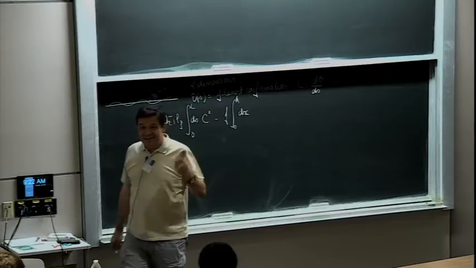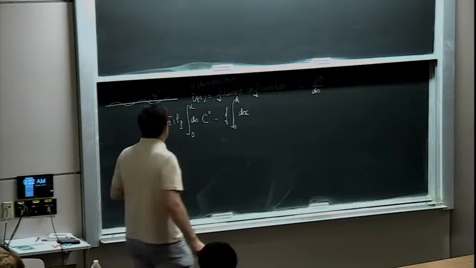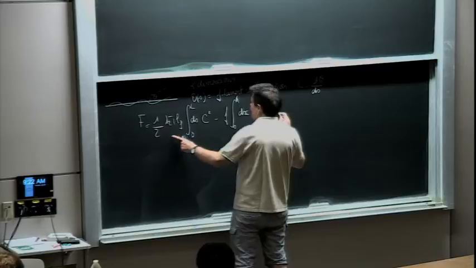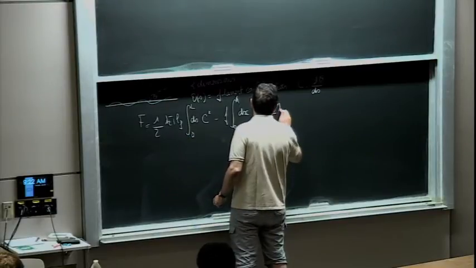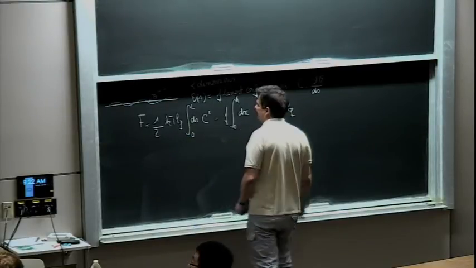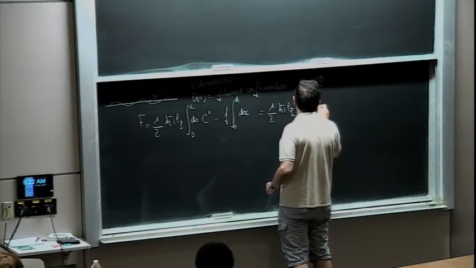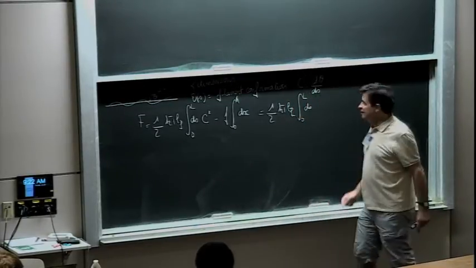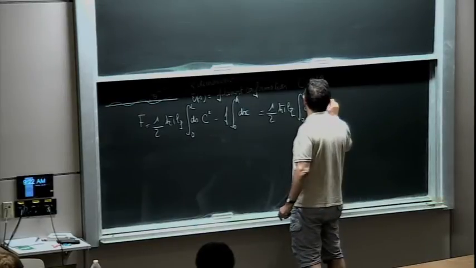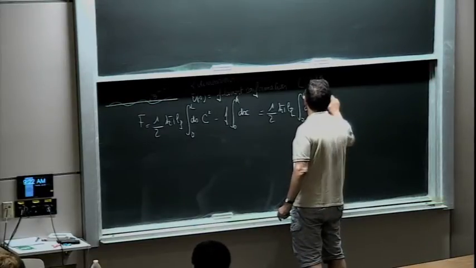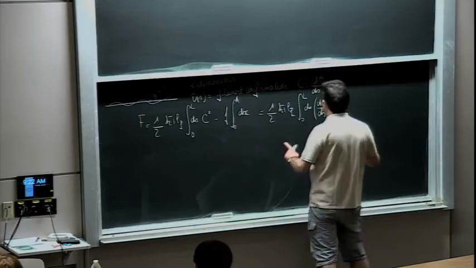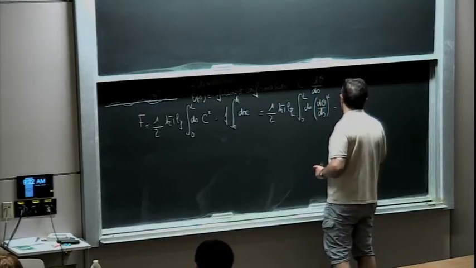But dx is ds cosine theta. So this is 1/2 of kT LP, sum of 0 to L ds, C squared is d theta ds squared, minus F.